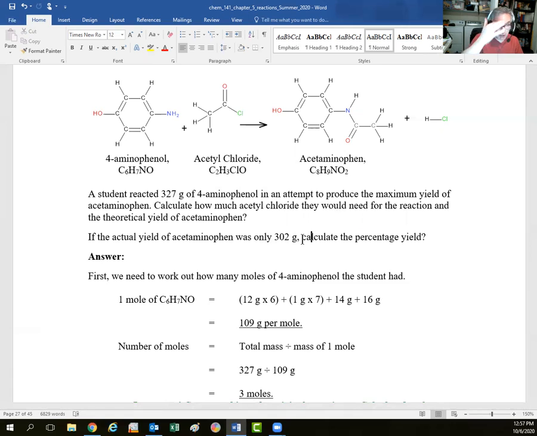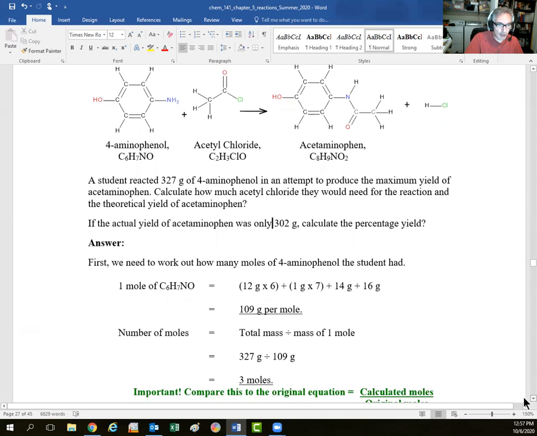So of course our equation again is in molar quantities. 1 mole of this reacting with 1 mole of this to produce 1 mole of the product. A 1-to-1 ratio, but we need to know how many moles 327 grams is. So from that chemical formula, C6H7NO, we can work out the molar mass. 12 grams for carbon times the 6, 1 gram for hydrogen, 14 for nitrogen, and 16 for oxygen.